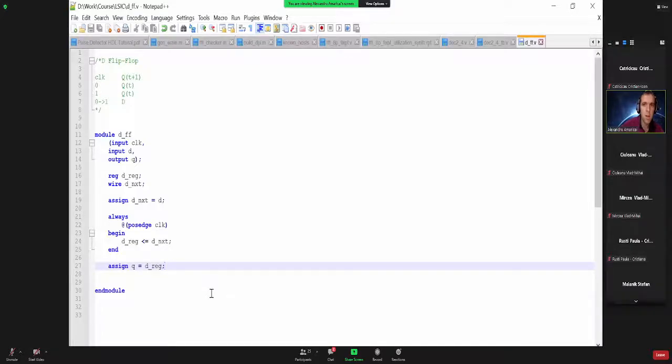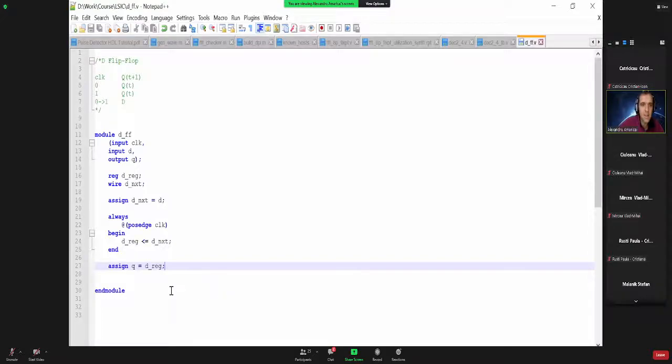Okay, so I'm going to put a question. What is the event in the sensitivity list? The rising edge of the clock. So actually, as you can see, this always block is inactive all the time except at the rising edge of the clock.